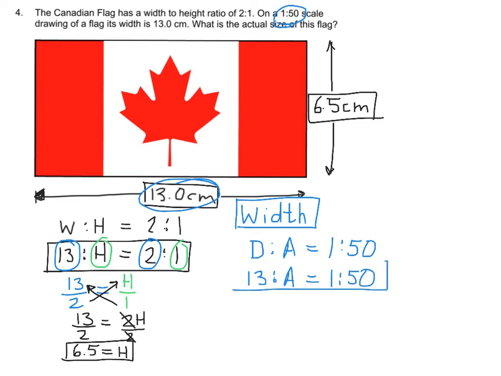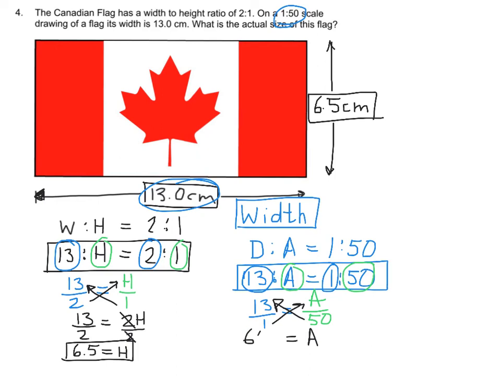Now we can solve this to figure out the actual width of that Canadian flag. When we solve this, I'm going to write the first number over the first number. So 13 over 1 is equal to the second number over the second number, a over 50. Using cross multiplication, on the right side, I'm going to be left with a times 1, which is a. And on the left side, I have 13 times 50, which is 650.